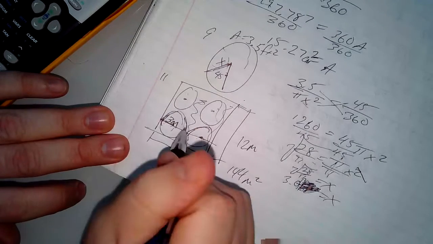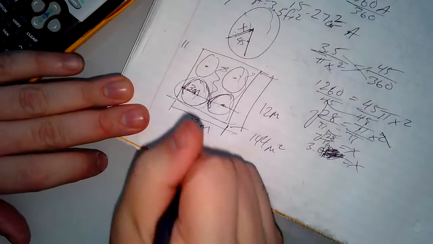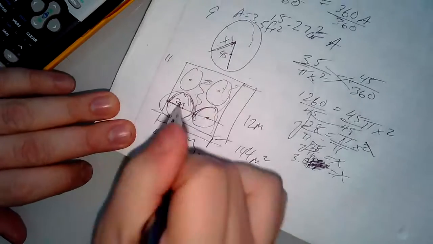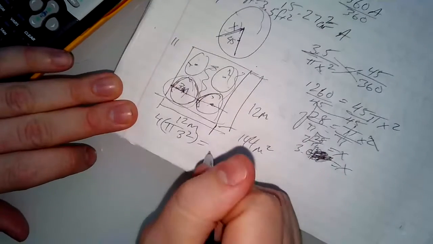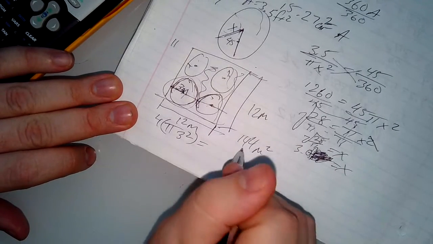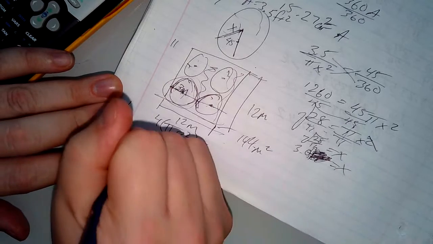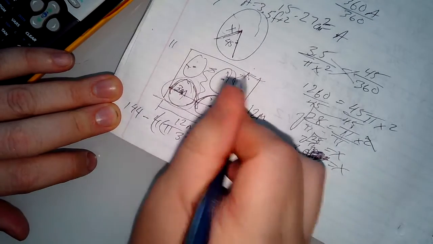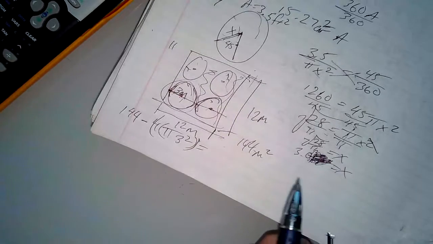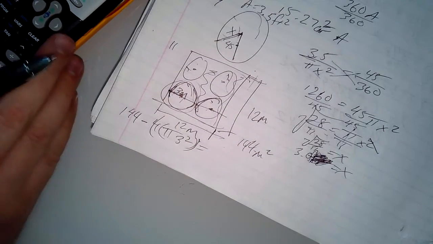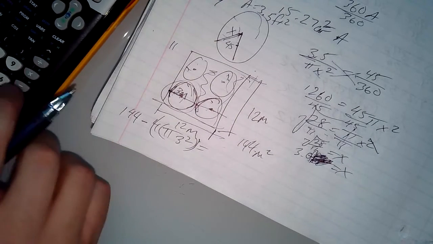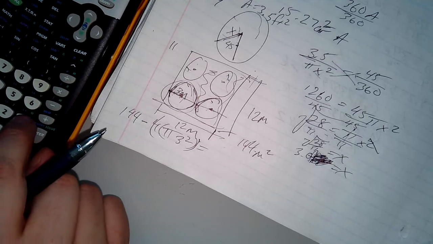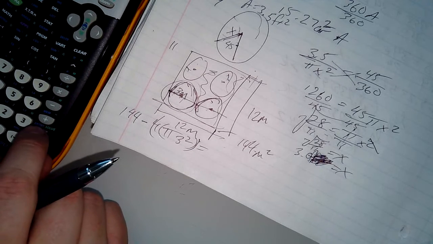So I can find the area of this circle, pi times 3 squared, and I'm going to multiply it by 4 to find the area of all 4 circles. And I'm going to subtract that from 144. So 144 minus all of this will give us our answer of the shaded area. Okay. So 144 minus 4 times pi times 3 squared.